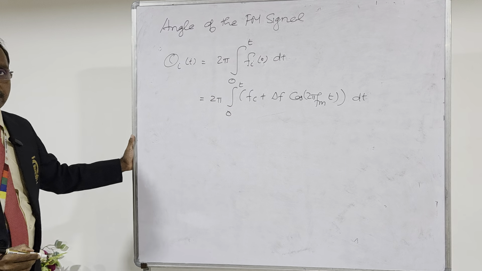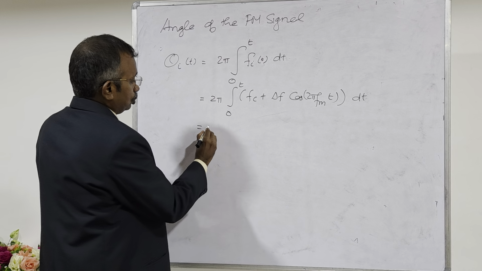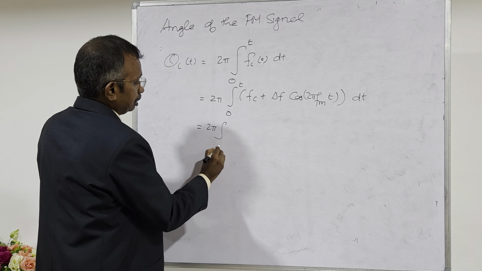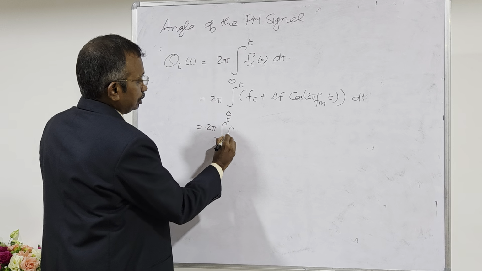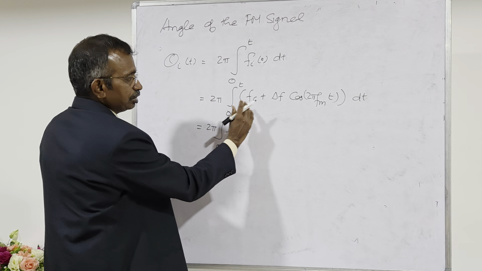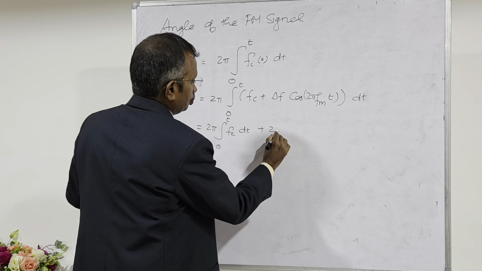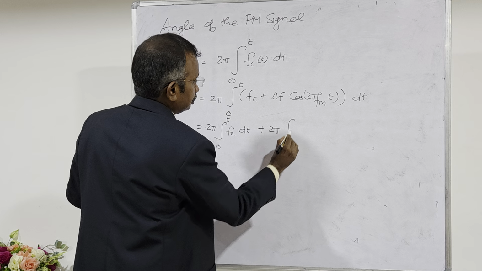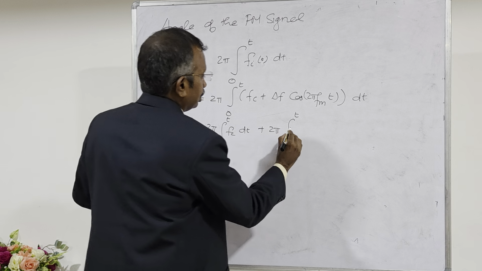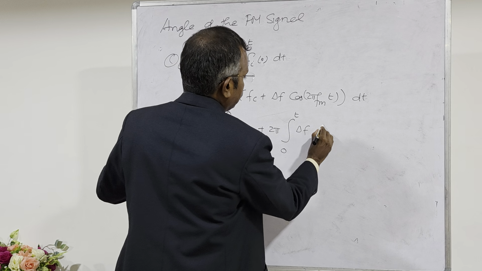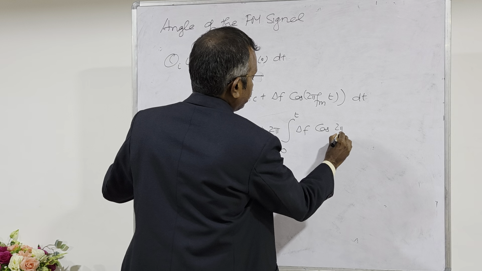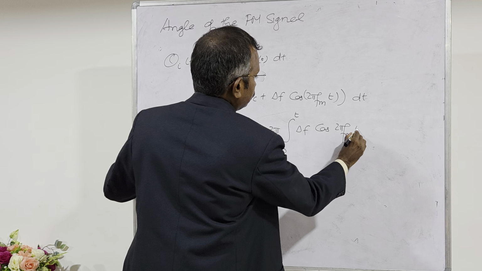Then I can write this as 2 pi integral 0 to t fc into dt. I am splitting this into two terms, plus 2 pi integral 0 to t del f into cos 2 pi fm into t into dt.